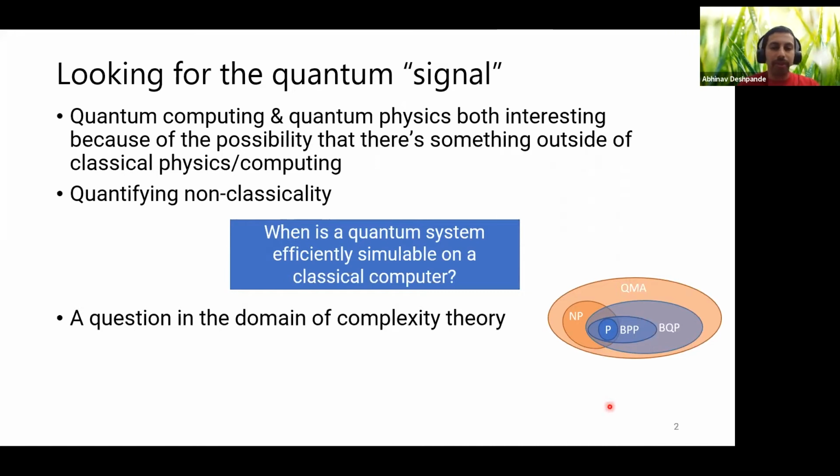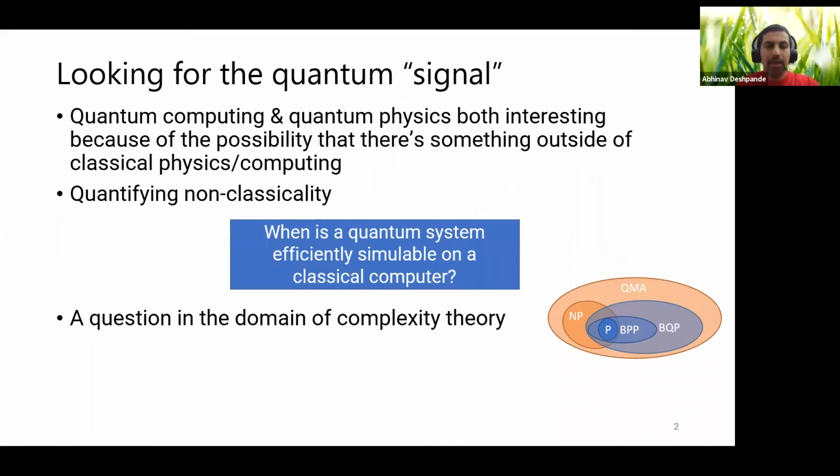In terms of complexity classes, we are essentially asking what's inside the class BQP, the set of problems solvable efficiently on a quantum computer, but outside of BPP, the set of problems that you can efficiently solve with a classical computer.